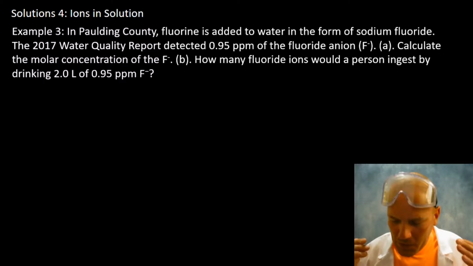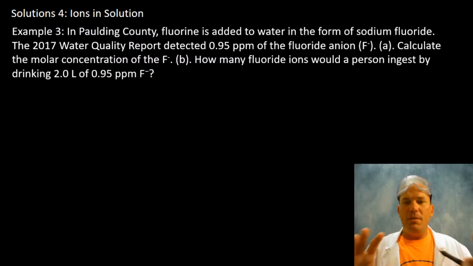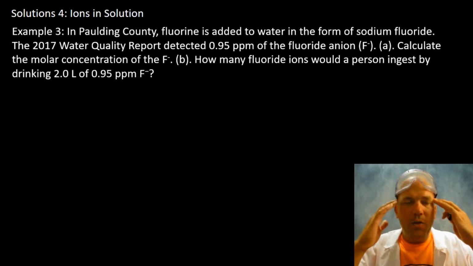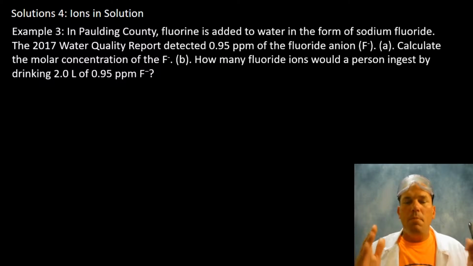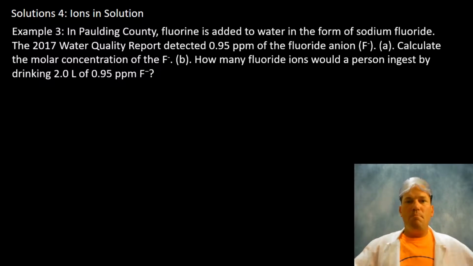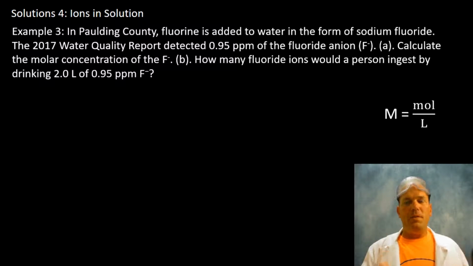Okay, so the first part of this problem, I'm going to just walk you through, and I've said a bunch of things equal to one another because I want you to understand how you would approach a problem like this. Parts per million, okay? So 1 part solute per million parts solvent. Okay, so we're going to start with this.